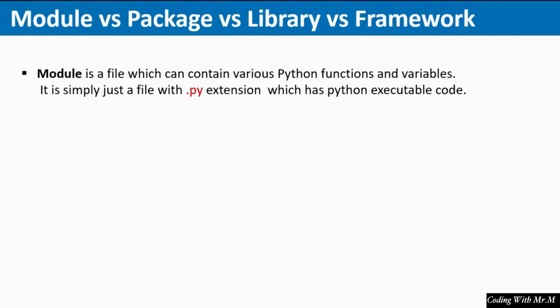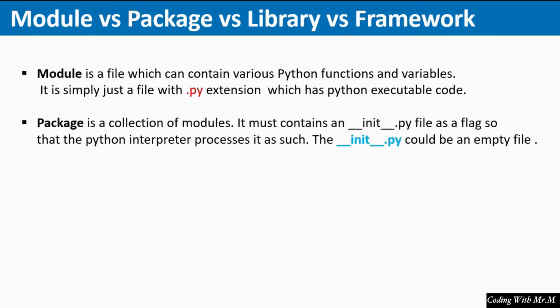Next, let's look at a package. A package is a collection of modules. The difference between a package and a module is that a package also must contain a special file called __init__.py.